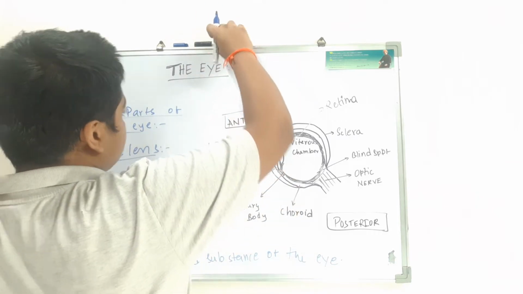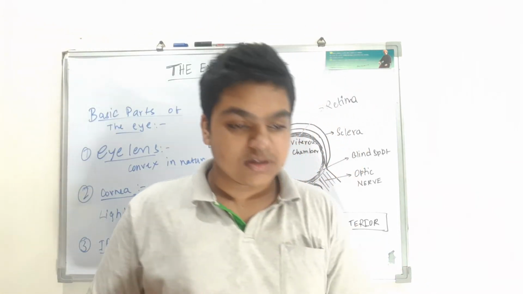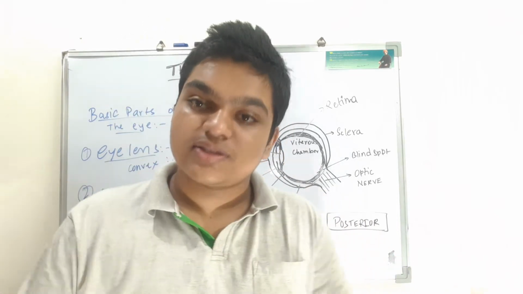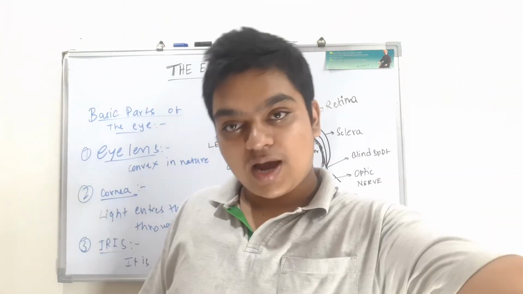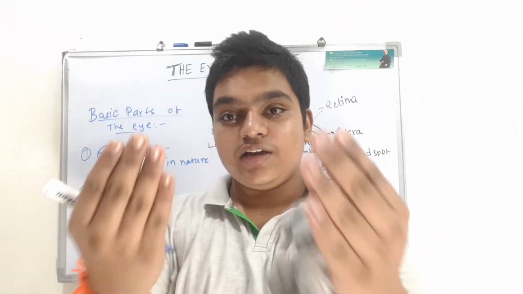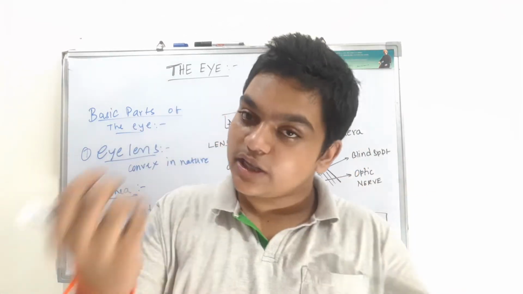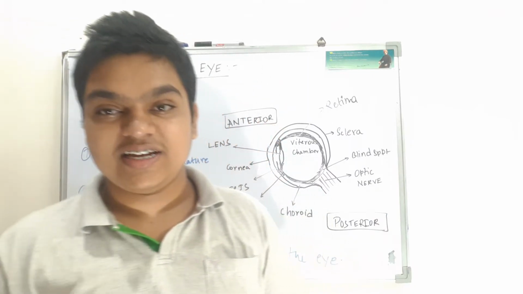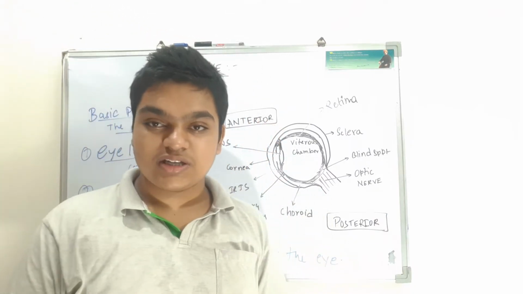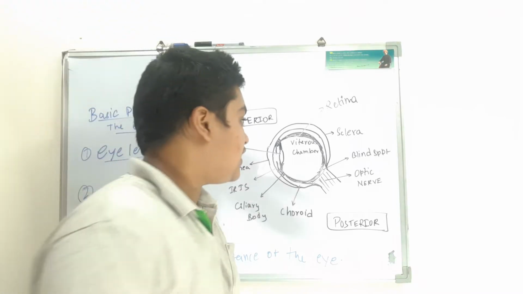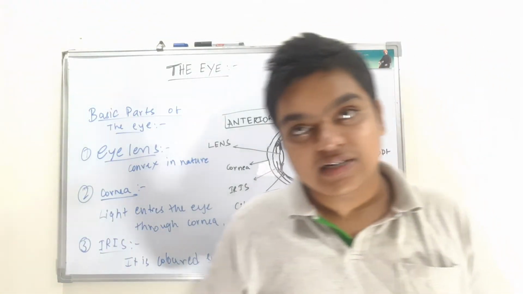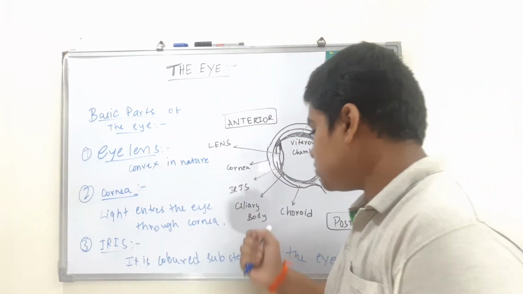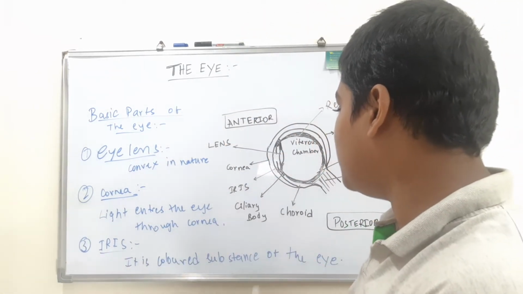They adjust the size in order to focus on some part. If the object is far away, they adjust it. If it is nearer, they adjust the size accordingly. So that is the function of the ciliary muscles. I am talking about each and every function here so that after completing this, we will be directly diving into the topic present in our NCERT. That is the function of the ciliary muscles, that is the function of the iris.